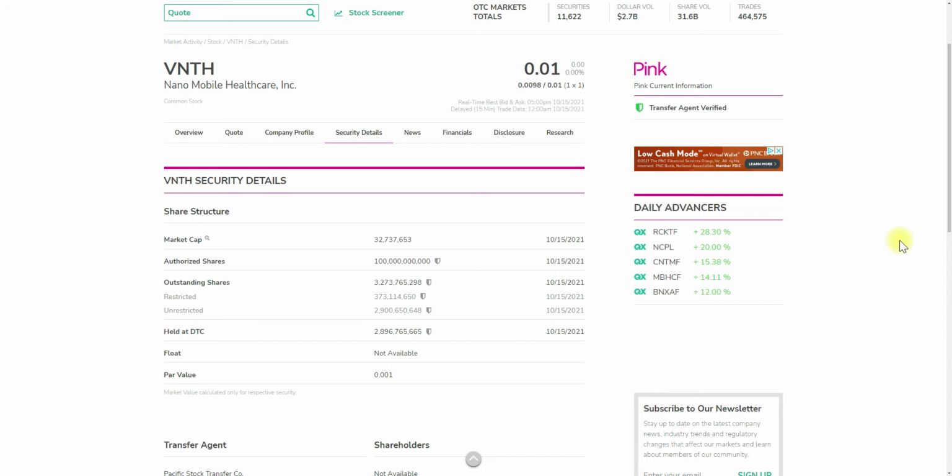We don't know what the amount was or anything of that nature. Later that day, we find out that VNTH has taken 335 million shares and placed them into the outstanding shares. So they put them into the restricted side.